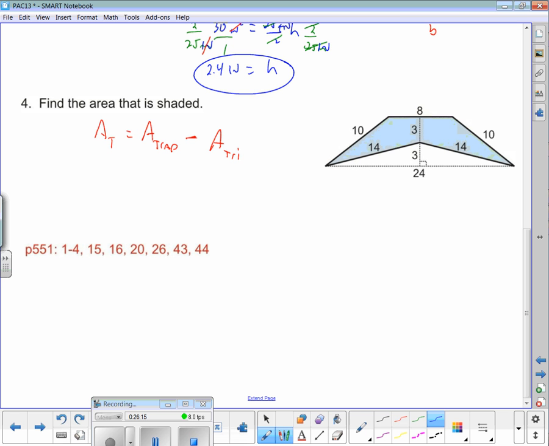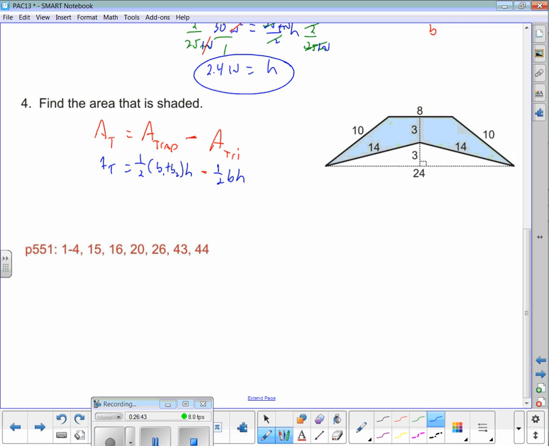So here's how you would finish a problem like this. Next thing you'd put in your formulas. Trapezoid 1/2 base 1 plus base 2 times height minus area of a triangle 1/2 base times height. I know the bell's going to ring, but listen for a second.